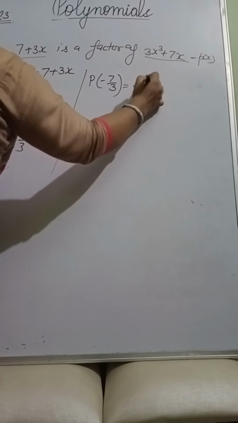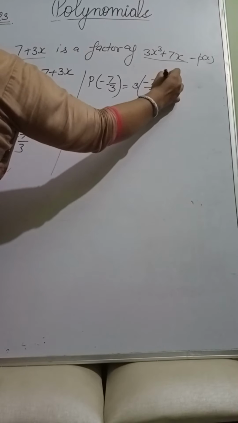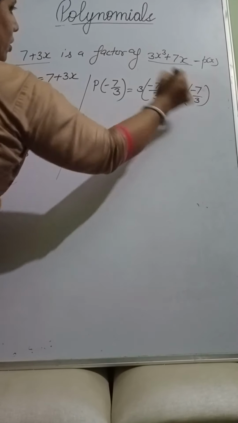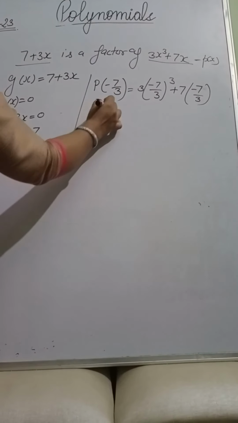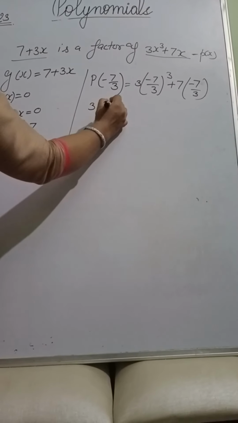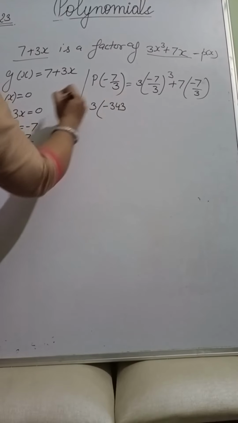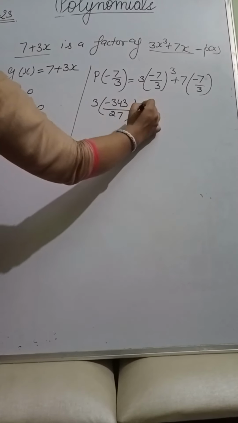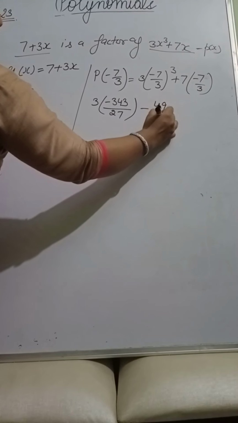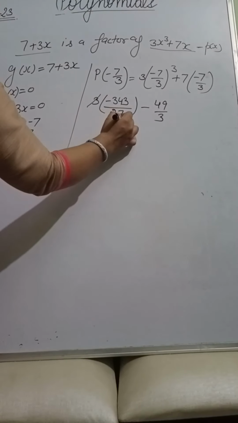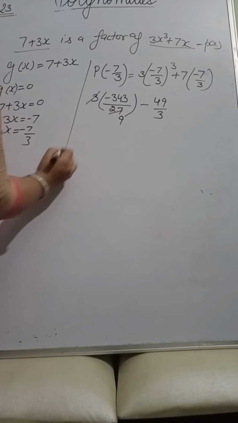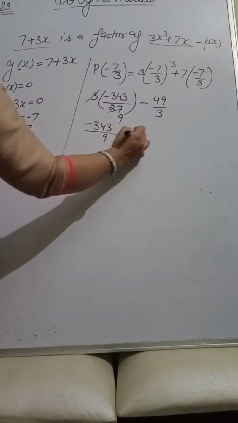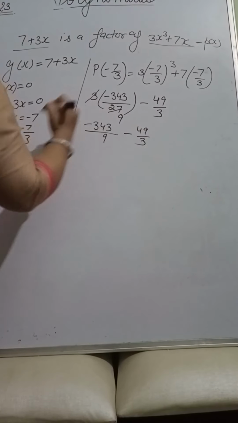3 into minus 7 upon 3 whole cube plus 7 into minus 7 upon 3. 3 into minus 7 cube will be equal to 343 divided by 27, minus 49 by 3, and you will cut this by 9. Minus 343 upon 9 minus 49 by 3.